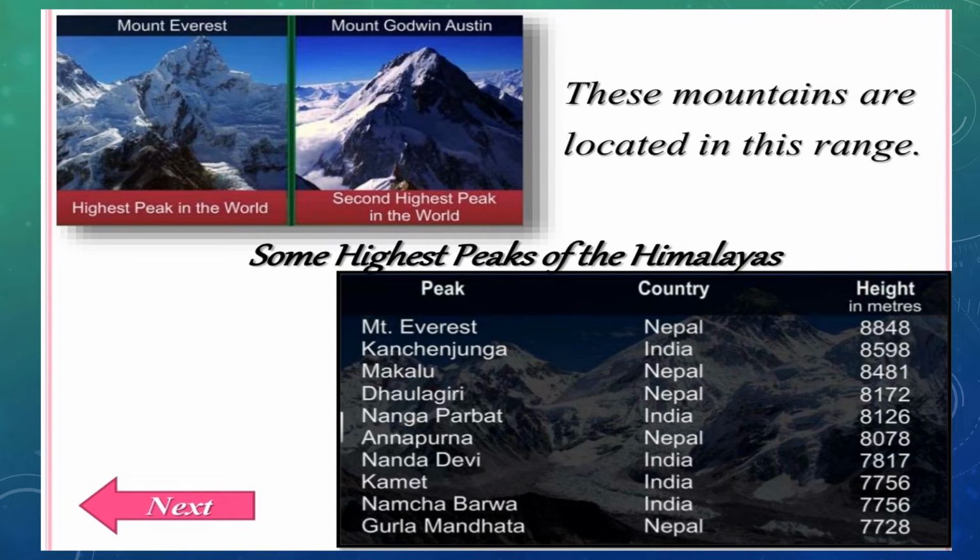So here you get to see some of the highest peaks of the world: Mount Everest, Mount Godwin Austen, which is the second highest in the world. The other highest peaks are given to you here in front of you. Mount Everest in Nepal, Kanchenjunga in India, Makalu in Nepal, Dhaulagiri in Nepal, Nanga Parbat in India, Annapurna in Nepal, Nanda Devi, India, Kamet, India, Namcha Barwa, India, Gurla Mandhata, Nepal.